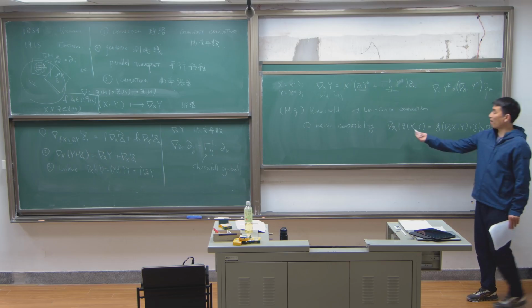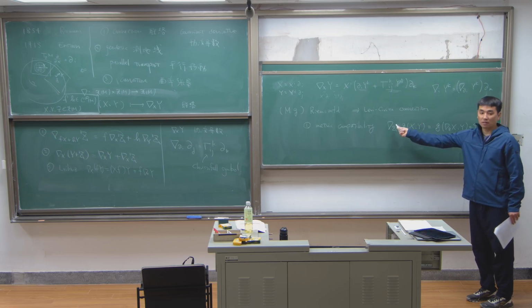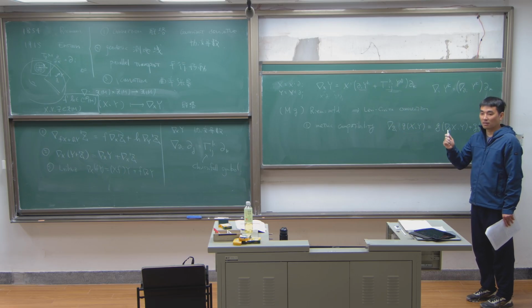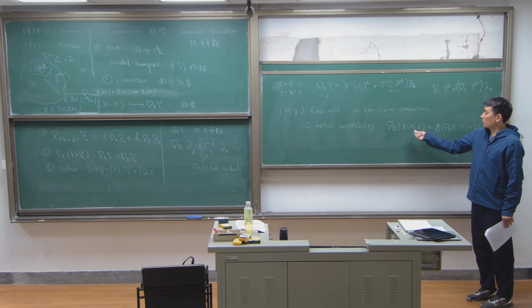So here you have X and Y paired by the metric. So this quantity is the pairing between two vector fields. Therefore, at each point you have some number, so this will give you a function.